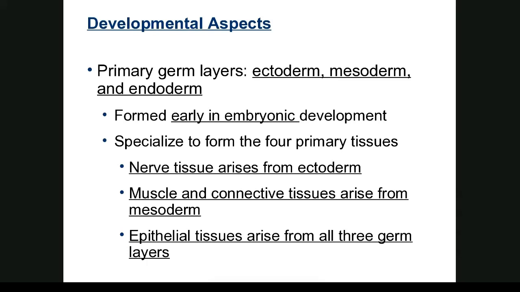It multiplies into a little ball called a morula. Then it differentiates until you have an embryonic disc, and it goes into layers: ectoderm, mesoderm, and endoderm. This is the early embryo. Nerve comes from ectoderm, muscle and connective tissue come from mesoderm. Epithelium actually comes from all three layers.